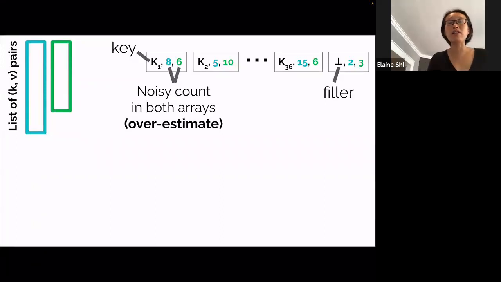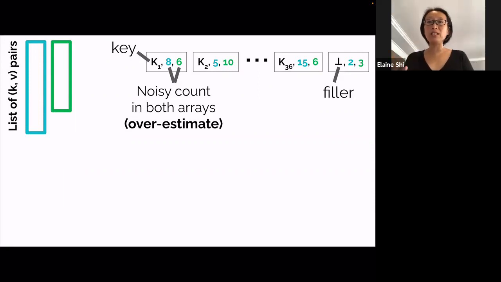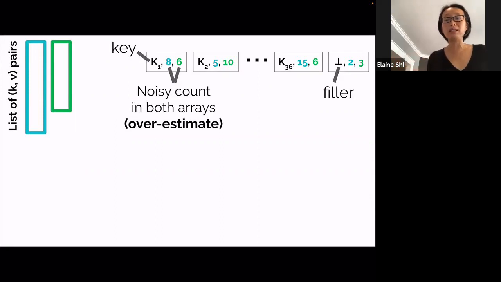To make sure that the length of this array does not leak information, we pad the array with some filler entries at the end to a fixed length of 2n. These filler entries have fake keys that don't actually exist, so their true counts are actually 0. But after we add this positive noise, you actually see some non-zero values.